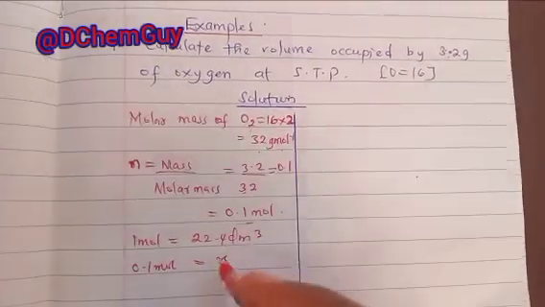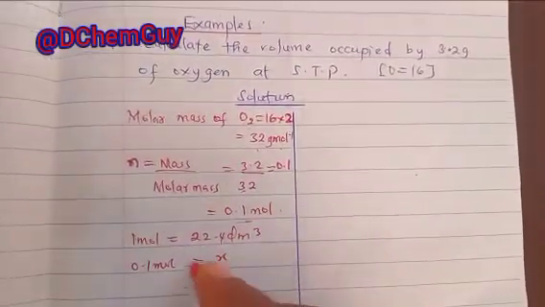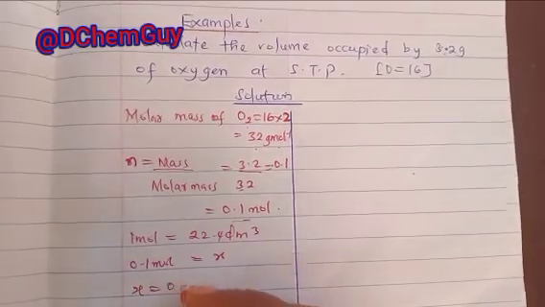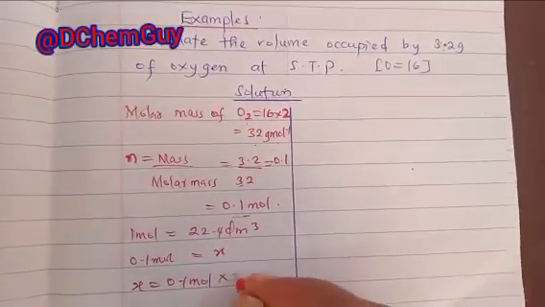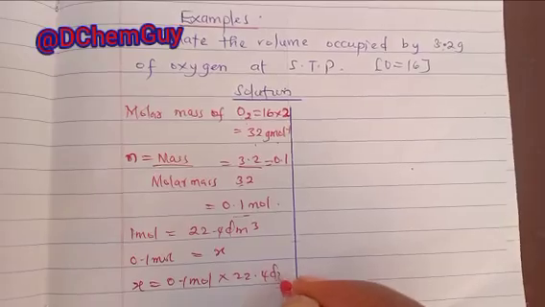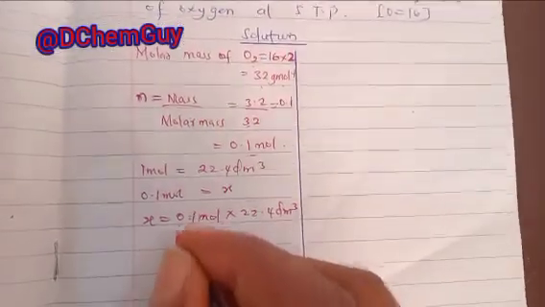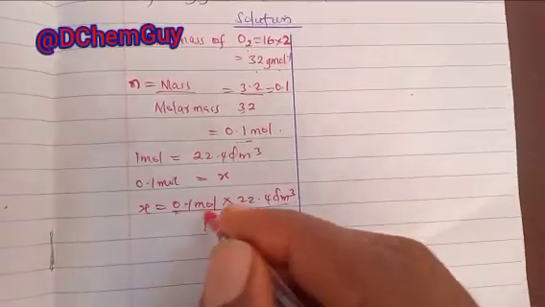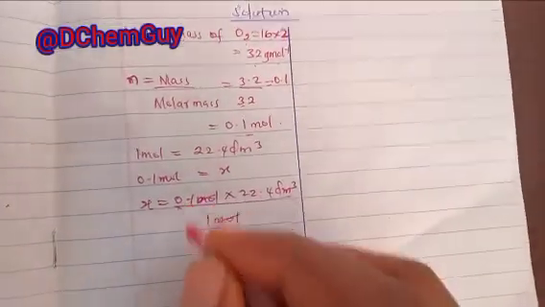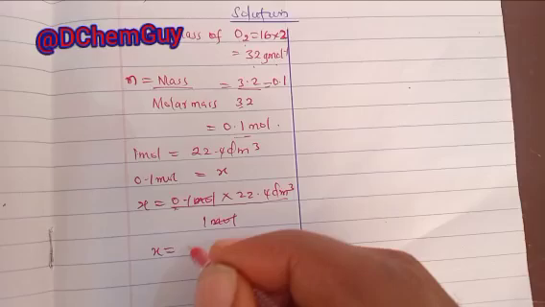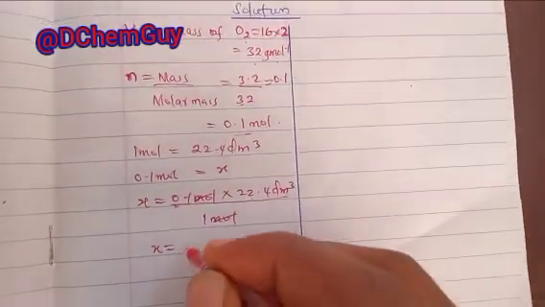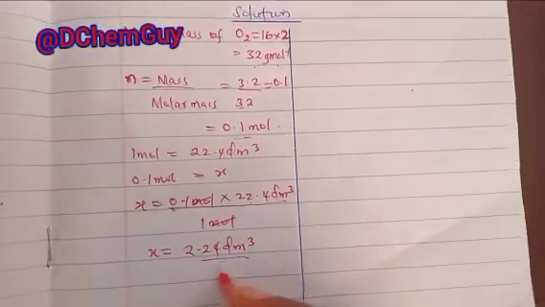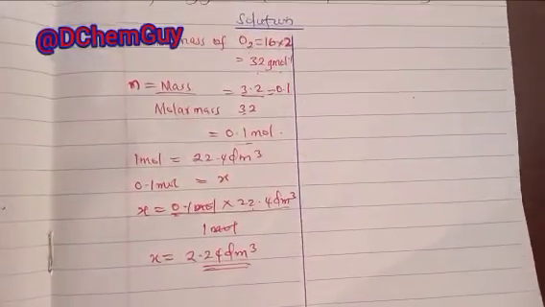You cross multiply and make x the subject of the formula: x equals 0.1 mole times 22.4 dm³ over 1 mole. Mole takes care of mole, so x equals 0.1 times 22.4, which gives 2.24 dm³. So the answer is 2.24 dm³.